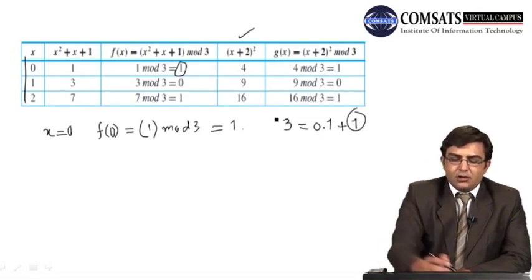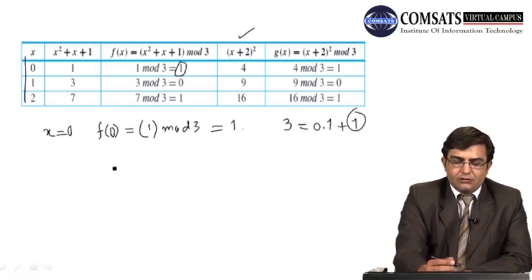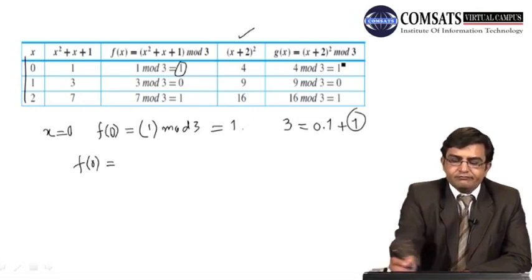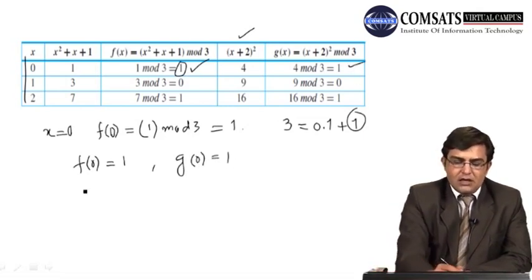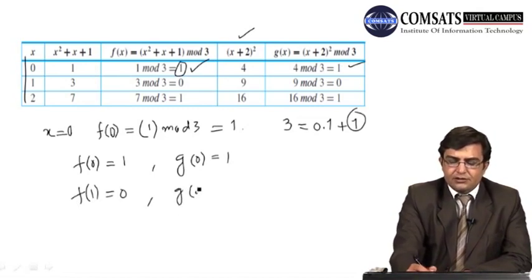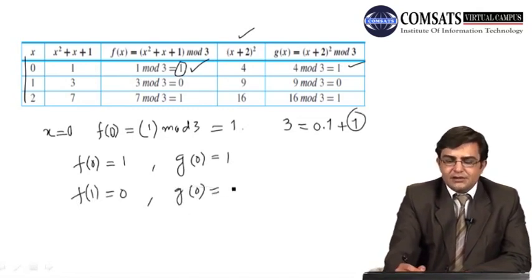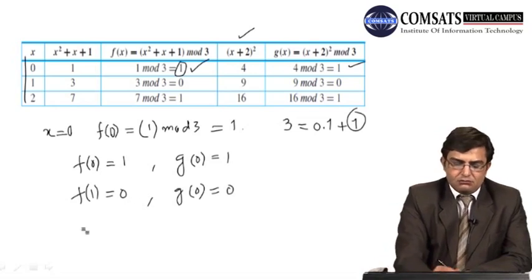Now we check for all values of J3, meaning 0, 1, 2. F of 0 is 1, and g of 0 is 1. F of 1 is 0, and g of 1 is 0.